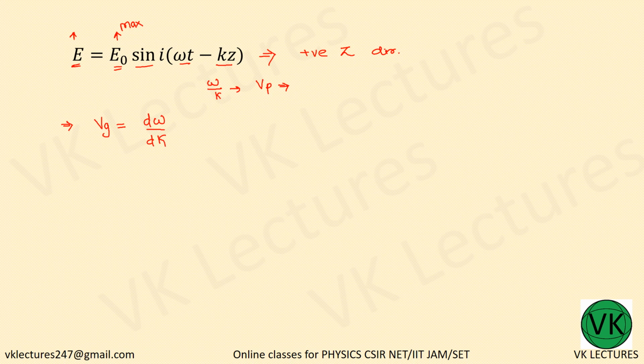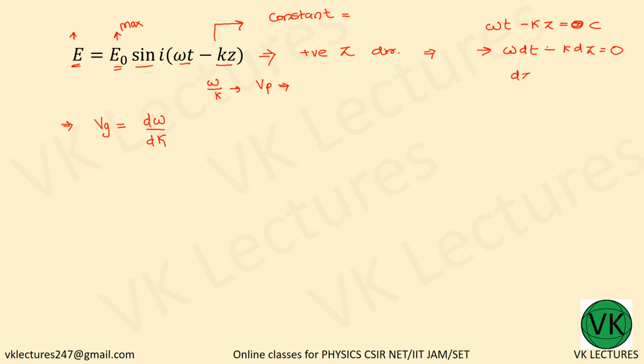Sir, as you told that this is moving along z direction, how did you come to that conclusion? It's because we know that this is a constant quantity. Once this is constant, we can write omega t minus kz is equal to some constant c. Its first derivative will be omega dt minus k dz equal to 0.